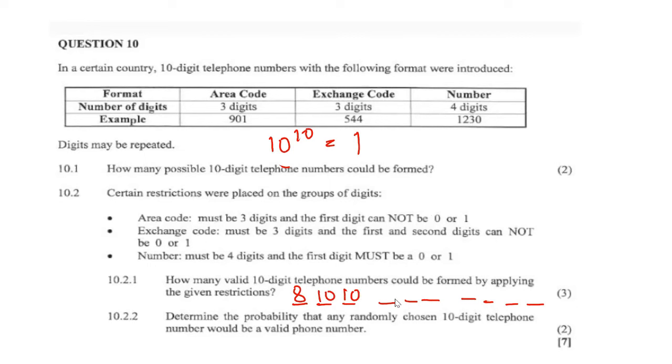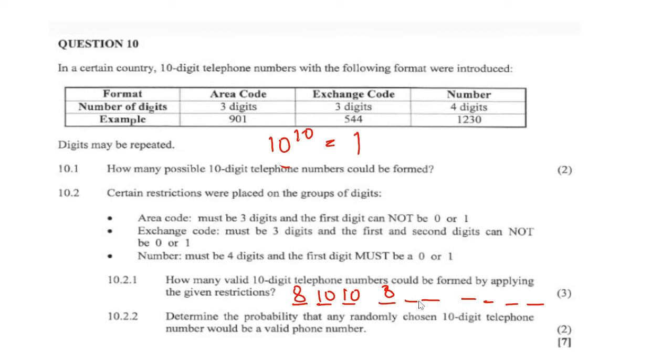Now we are on the exchange code. For the exchange code, they say it must be 3-digit and the first and second digit cannot be 0 or 1. So that leaves us with a sample space of 8. But remember, digits may be repeated, so choosing a particular digit here does not necessarily restrict me from choosing the same digit in the second position.